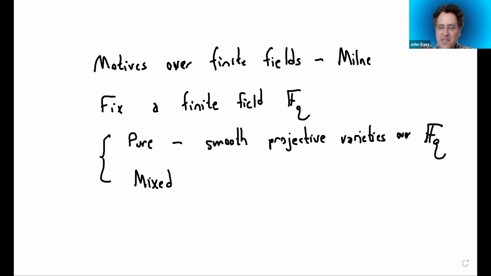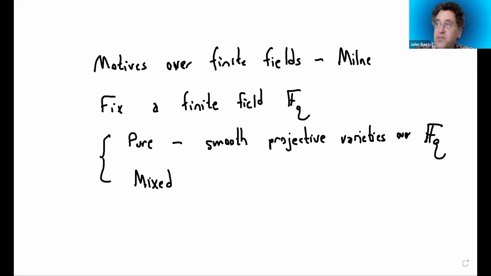Because there's tons of things to worry about. One thing that we can worry about without knowing too much is that if you have a smooth projective variety over F_Q, you can talk about its points over F_Q, but you can also talk about its points over any extension of F_Q, which are the fields F_Q^n. Right, that's a good point.